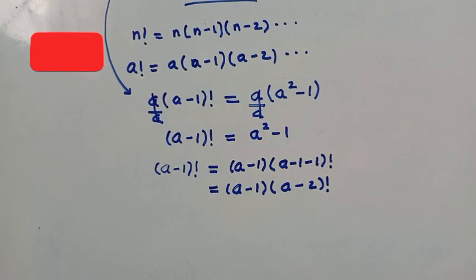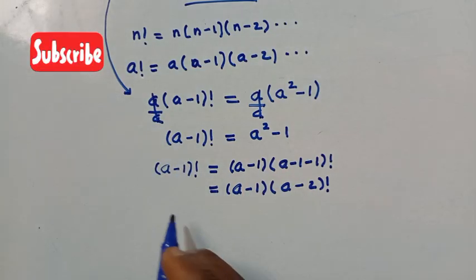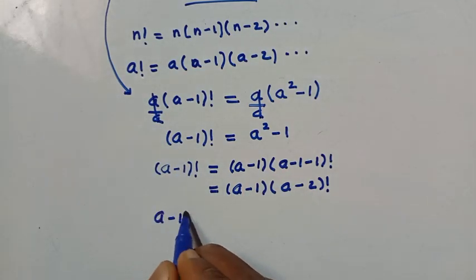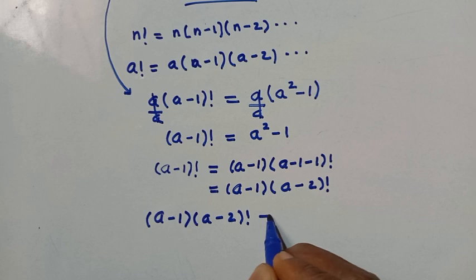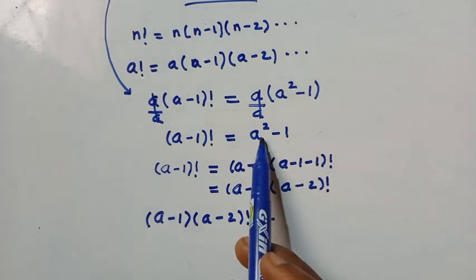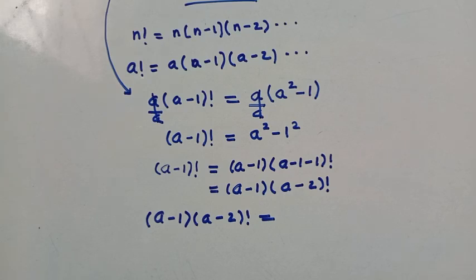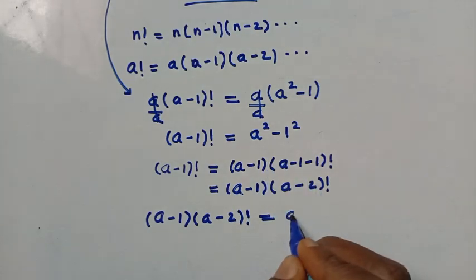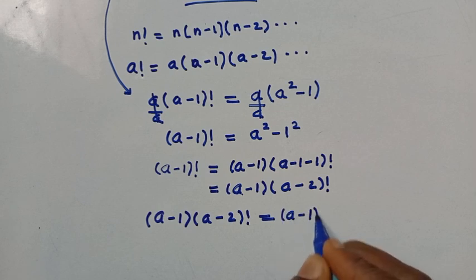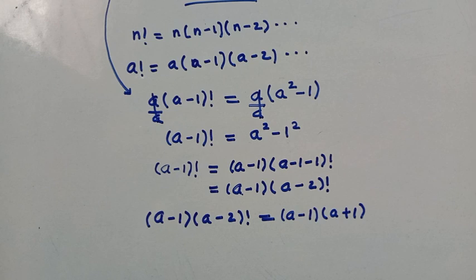Next, if I replace this with the whole of this, we have (a minus 1) multiplied by (a minus 2) factorial equals a squared minus 1. This is just like a difference of two squares, which we can write as (a minus 1) multiplied by (a plus 1).